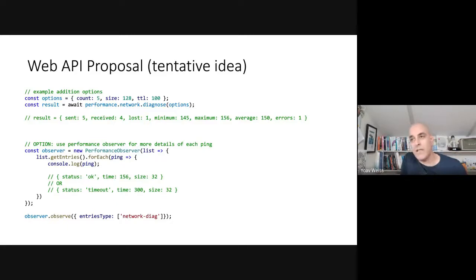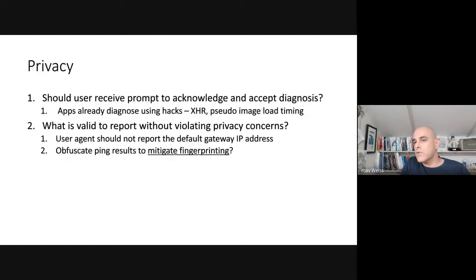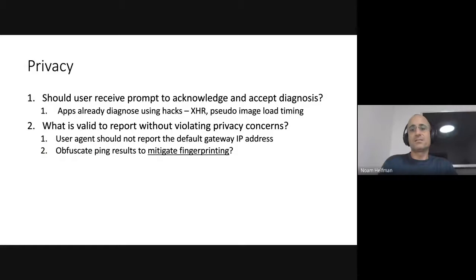Maybe it's fine to expose it because it's already exposed, because people can ping 192.168.0.254 and they'll be right most of the time, or I don't know. But yeah, I think the privacy issues need to be addressed first. This is just a tentative idea for an API shape. It could be structured differently.